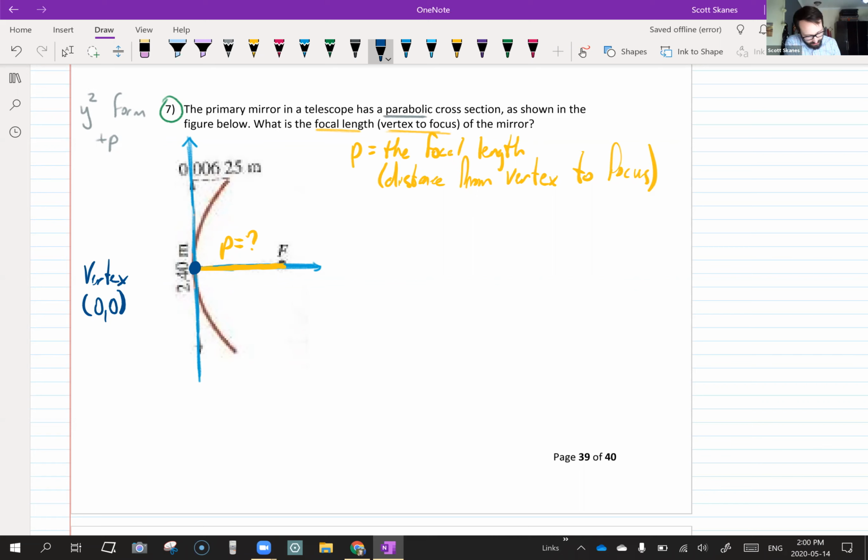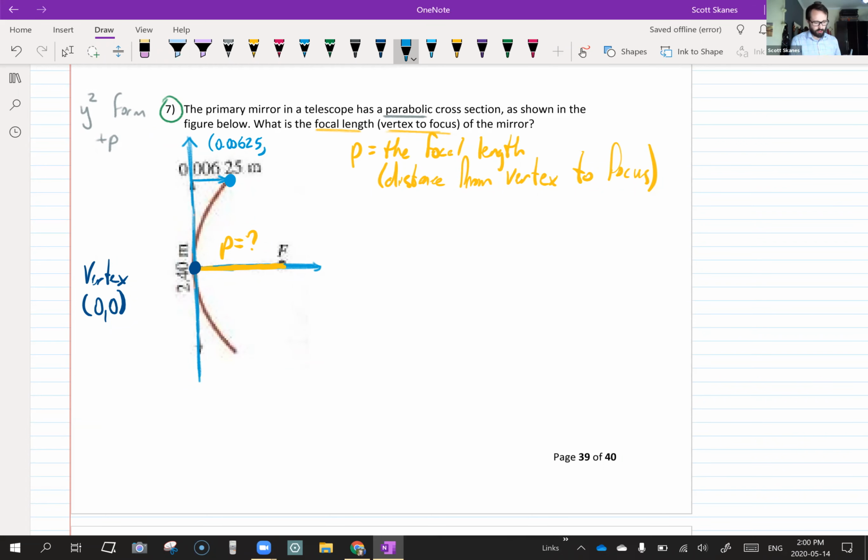What it's trying to tell you is that this distance up here is your x distance. So what we have is this point here. Notice that the x value is 0.00625. Let me write that again. 0.00625. And the y value. What's the y value?